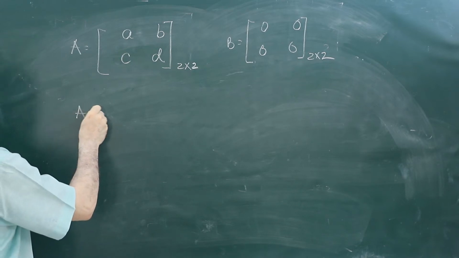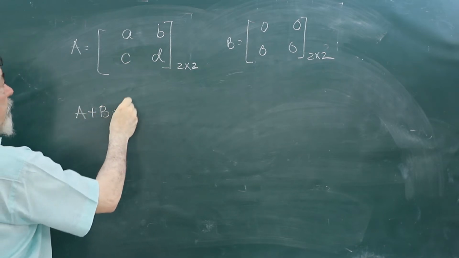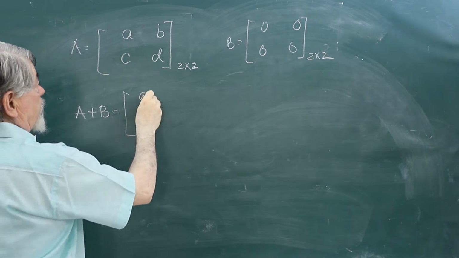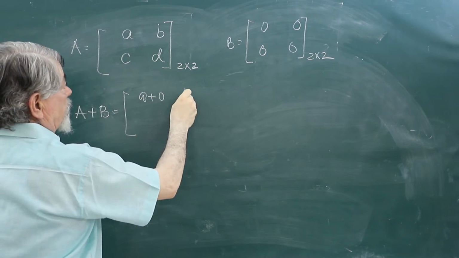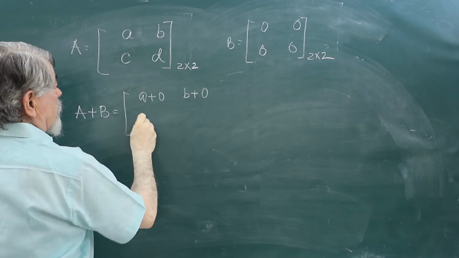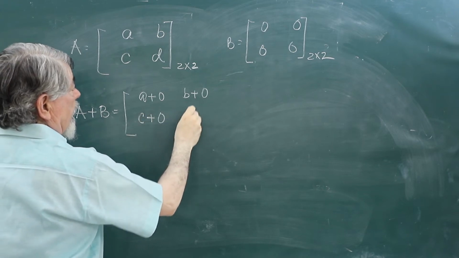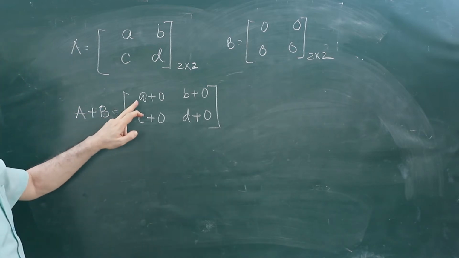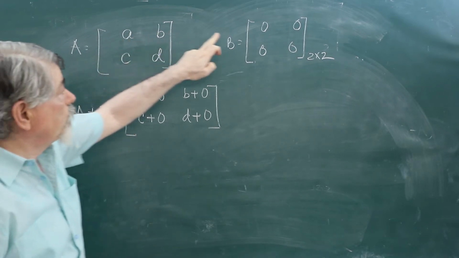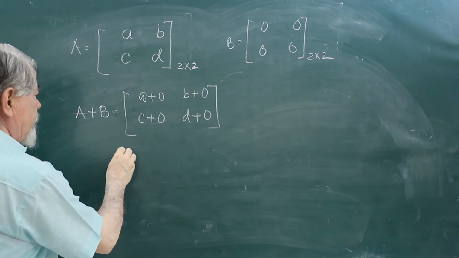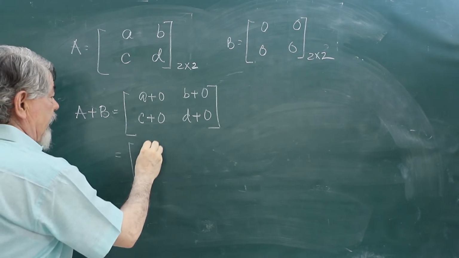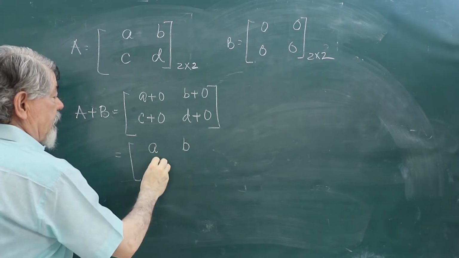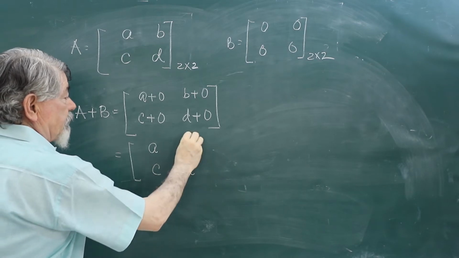So A plus B will be a plus 0, b plus 0, c plus 0 and d plus 0. If I add 0 to a, it remains the same. That means a, it becomes b, it becomes c, it becomes d.